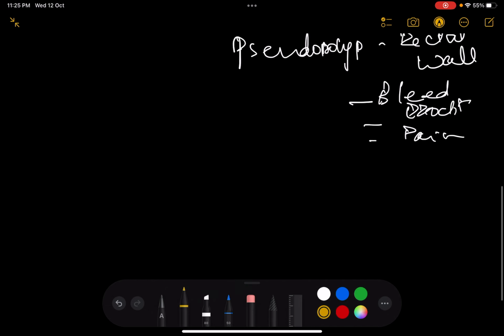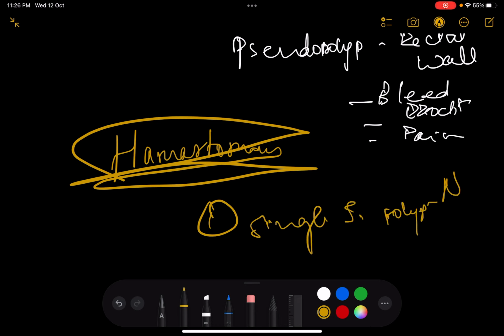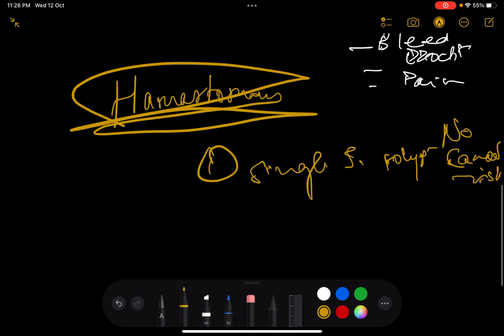Hamartomatous polyp, this is what I wanted to talk about since a long time, because there are a lot of disorders that can be associated with hamartomatous polyps. Let's talk about a few disorders that can be involved. If it's a single juvenile polyp, which is hamartomatous, there is no cancer risk. Literally, I'm saying no cancer risk.